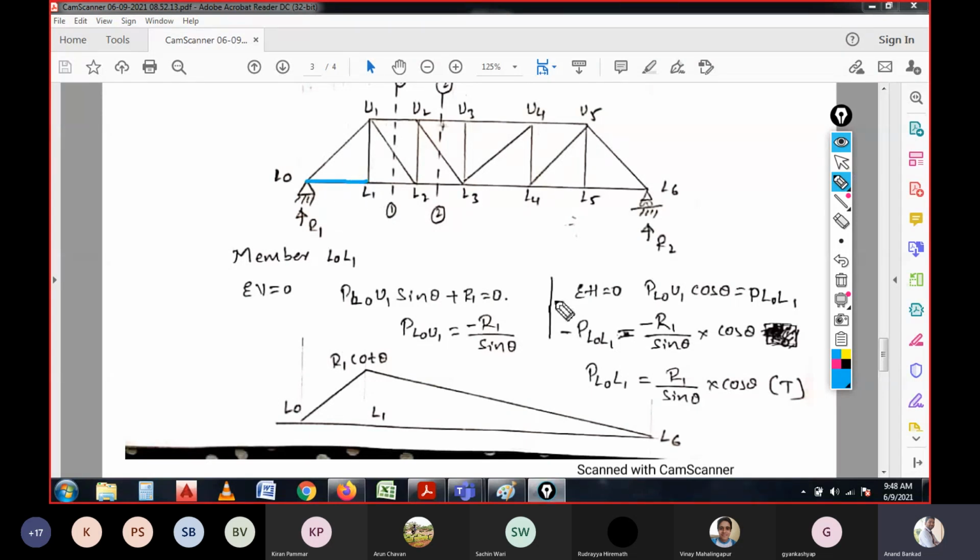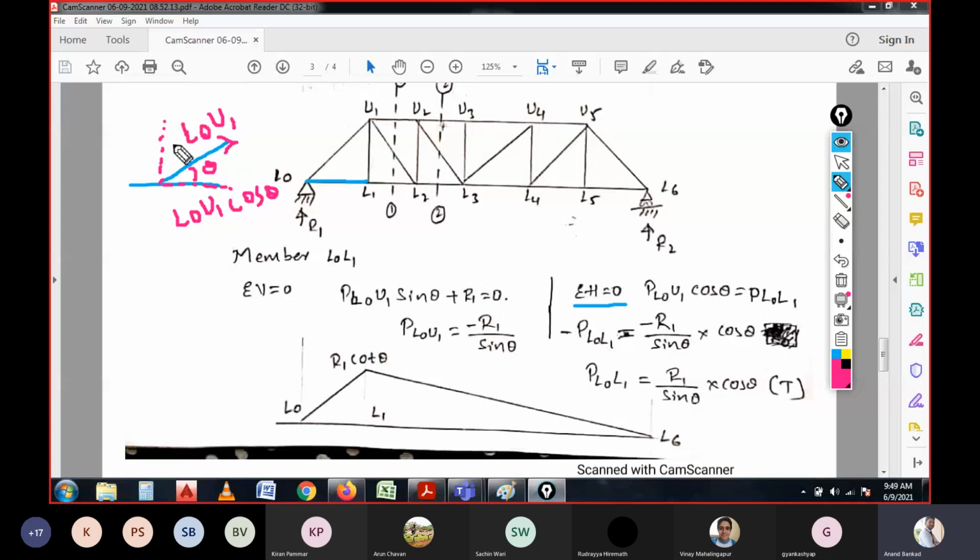We are just taking the horizontal force in L0 L1, because since it is an inclined member, we need to resolve this force for horizontal as well as vertical. So if you consider horizontal and vertical for this P L0 U1, if you resolve it with theta, it will be L0 U1 cos theta, right?